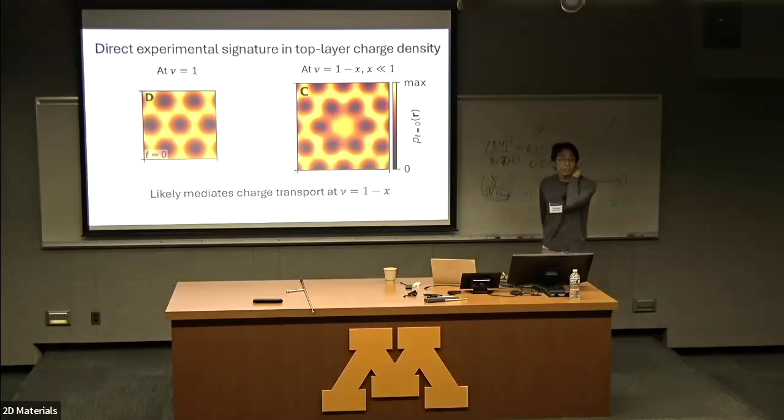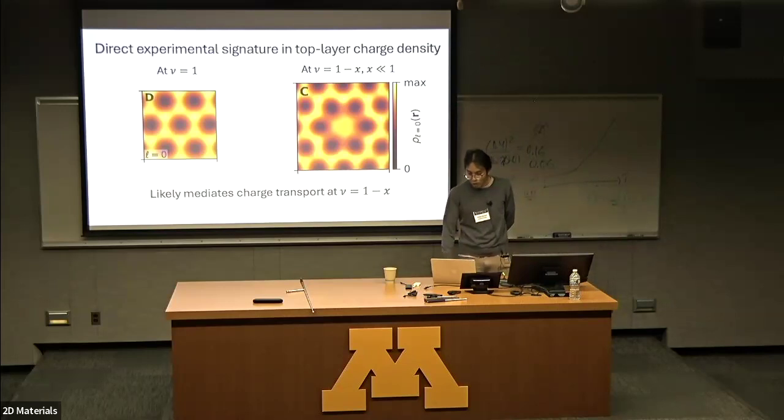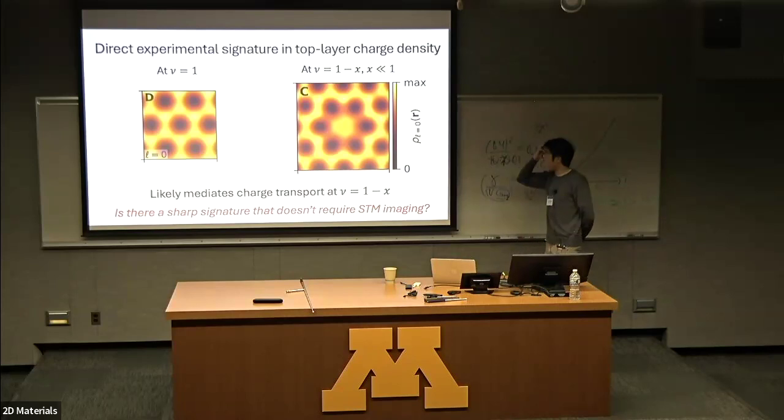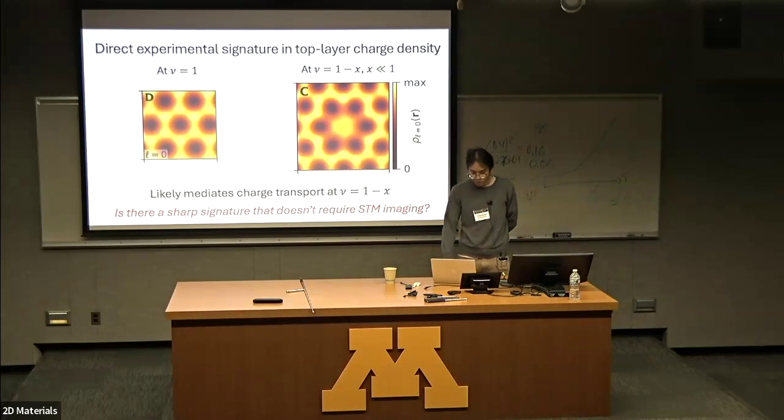And if these are really the lowest energy charge excitations, which our numerics seem to suggest, then these should probably mediate charge transport at nu equals 1 minus x as well. The big question that I don't have an answer to yet is, what is the sharp signature of this quasi-particle that doesn't require STM imaging, which is very hard for this system? Let me know if anyone has any ideas.